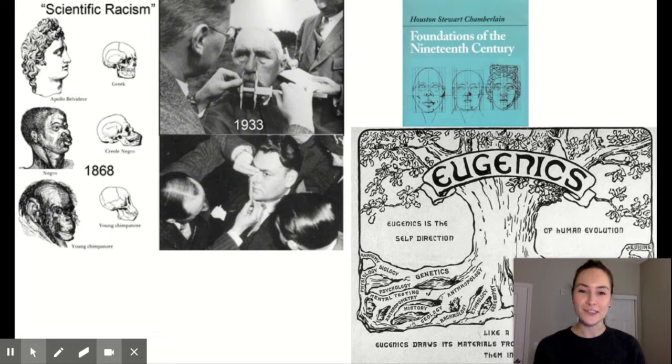Also, a sort of current events connection here. It's interesting when we think about anti-miscegenation laws and forced sterilization and the eugenics movement, we're like, oh no, that's so bad. But in the modern day, we have the scientific ability to manipulate the genome, right? People who want to have a baby can get a scientist to play with the genes and make sure they get a boy or a girl, or whatever sex they want. They can even manipulate it to have certain qualities like hair color and eye color.